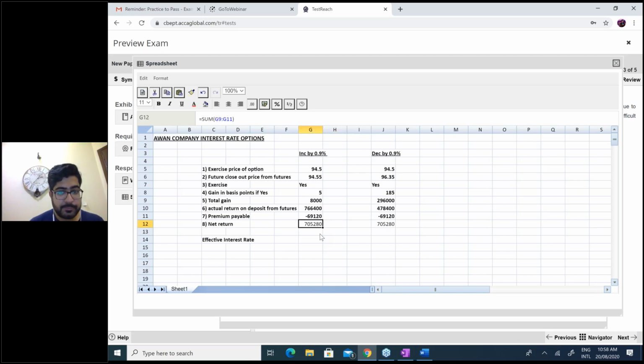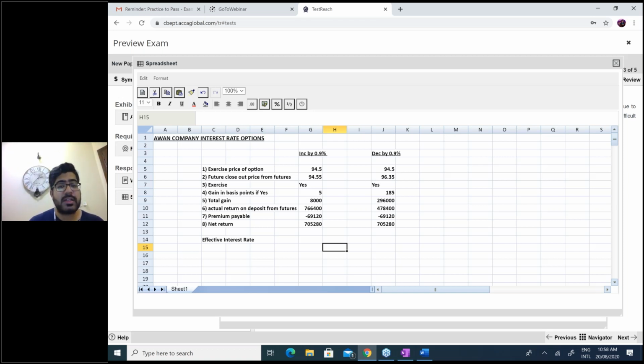It's coming same. The answer of options can be different in both cases. In FRAs, both cases answers come same. In futures, both cases answers come same always. But in options, the answer of both cases can be different. Here it is coming same because both options were yes, yes. Had it been difference, yes or no, so obviously the answer might have changed.